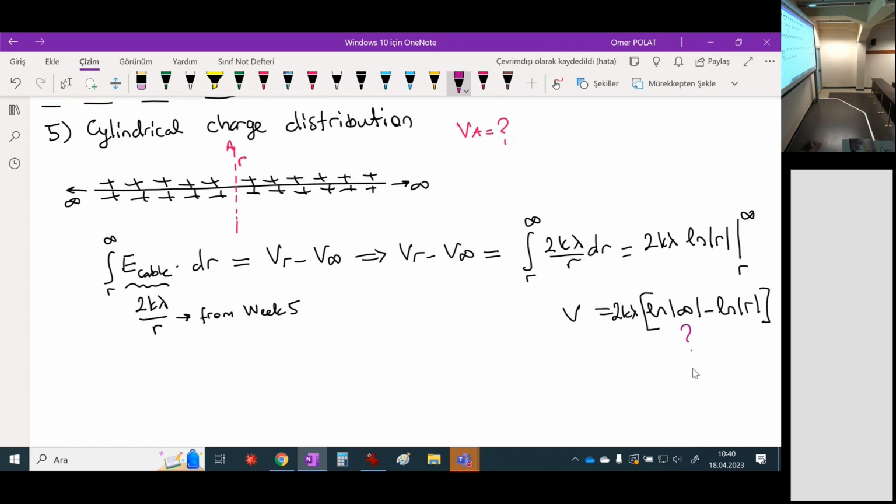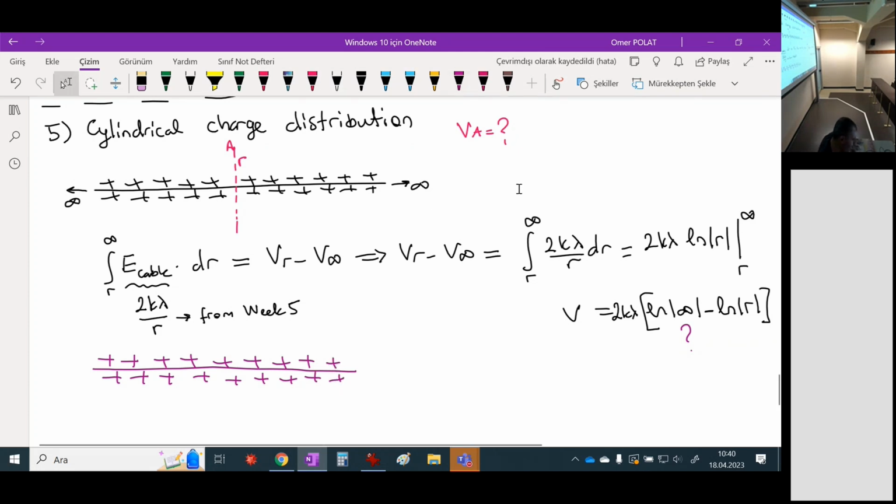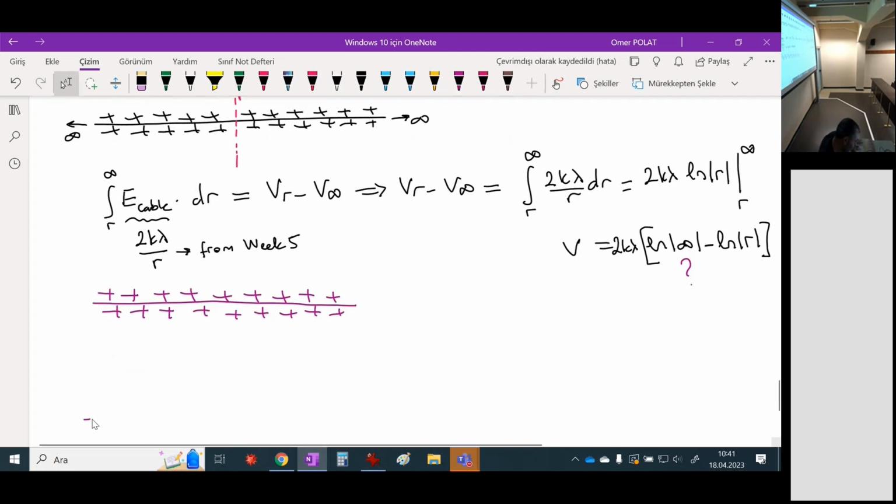To solve this problem, I'm changing my final position. I say that, yes, when we approach infinity, potential is decreasing to 0. But this is a finite position. So I assume that this is the cable. To remove this infinity from my equation, I am choosing a critical point.